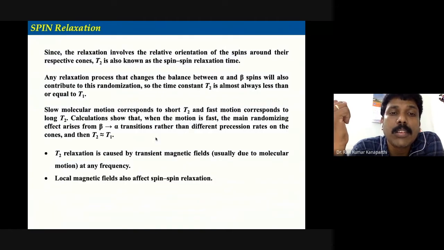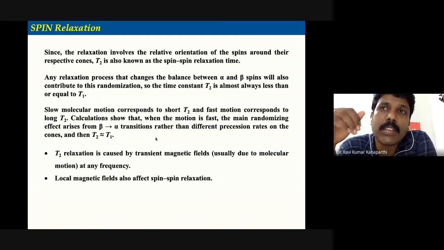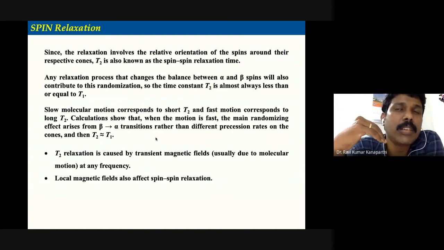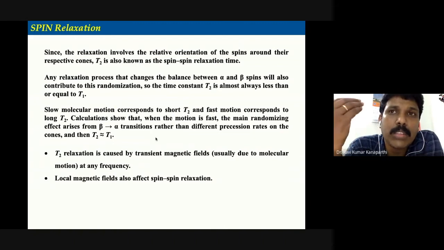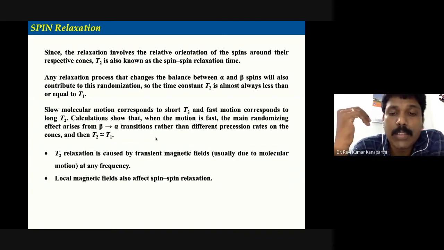Similarly, there is another way that we can measure the spin relaxation constant T2. Both we can measure experimentally. We will discuss this, try to understand the NMR line widths, and then go to the chemical shift in NMR. That is how we will proceed.